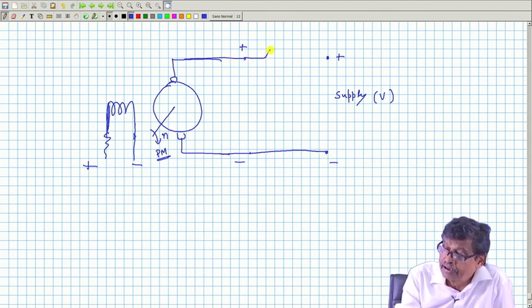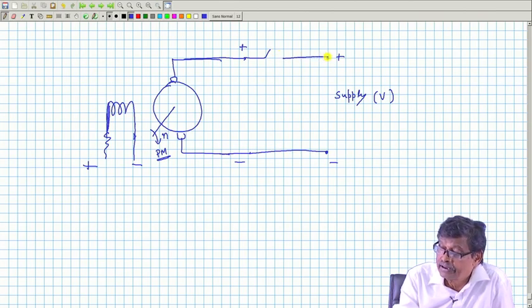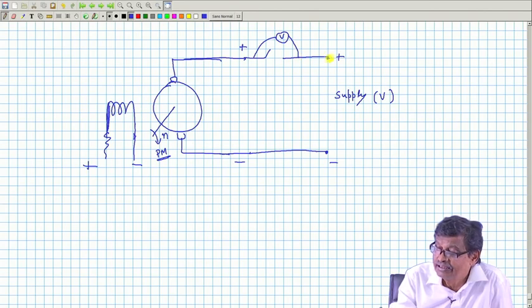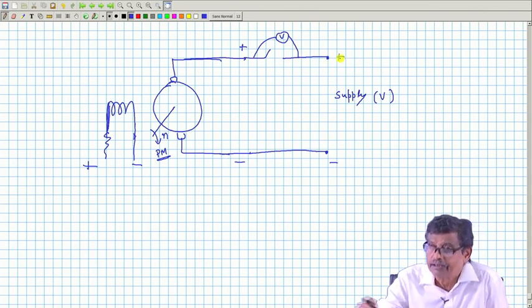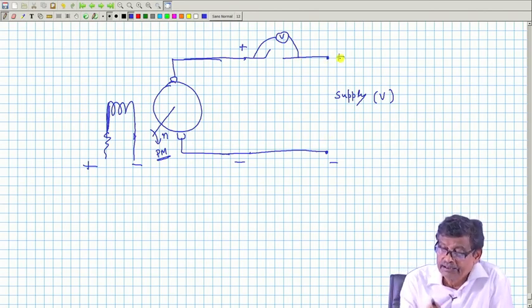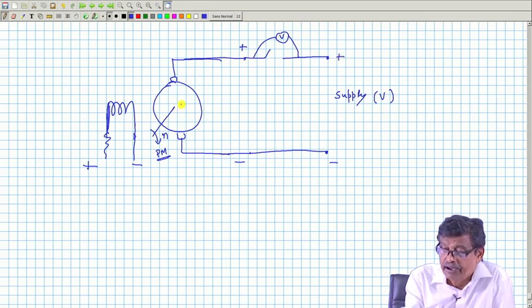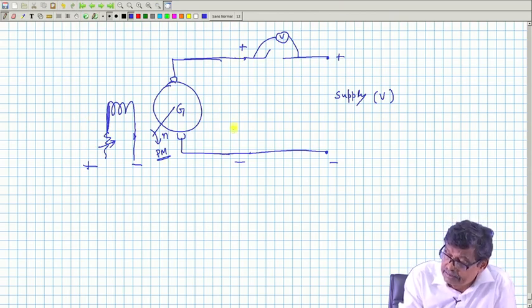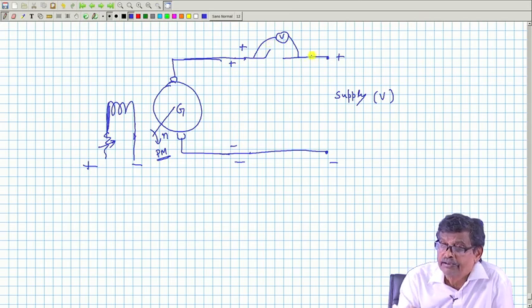So, before connecting, of course, you must do it just like the Hopkinson test, only this supply is not coming from the armature of another machine. This supply is there, and I am running it as a generator first, adjusting the field current. I will also make this voltage plus V, then what will be the voltmeter reading? 0.